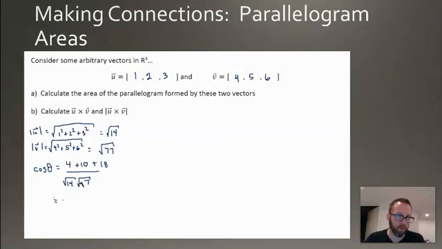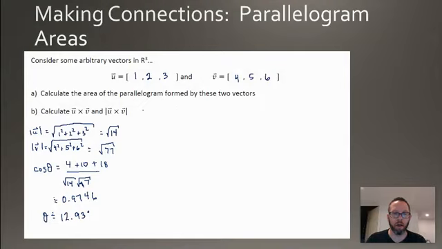So I got about 0.9746, and the angle between them, shift cosine, about 12.9. I'm going to keep a tiny bit more accuracy here than I normally might. I'm going to say 12.93. All right.